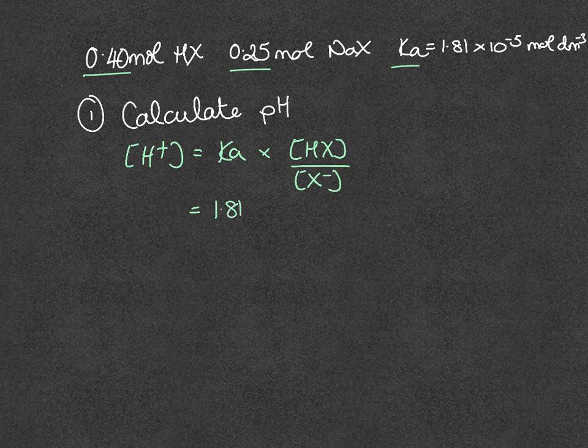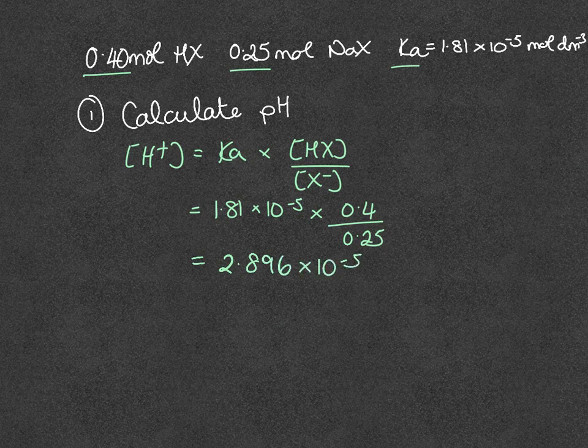So 1.81 times 10 to the minus 5 times 0.4 over 0.25. So this comes out at 2.896 times 10 to the minus 5 for concentration of H+, and therefore we're going to work out the pH. We're just going to stick that into minus log, and that gives us a pH of 4.53. Remember, 2 decimal places for all your pH quotes, please.